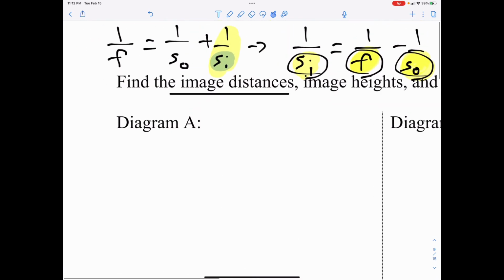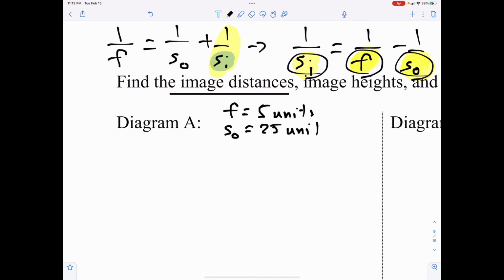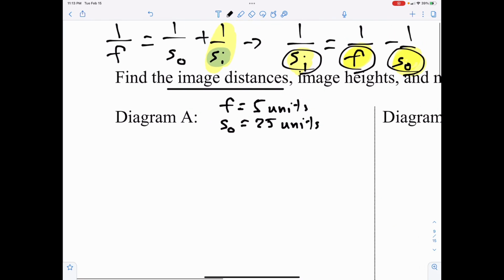So for diagram A, we know that the focal length is 5 units, and we know that SO is 25 units. The equation we're working with is 1 over F equals 1 over SO plus 1 over SI.